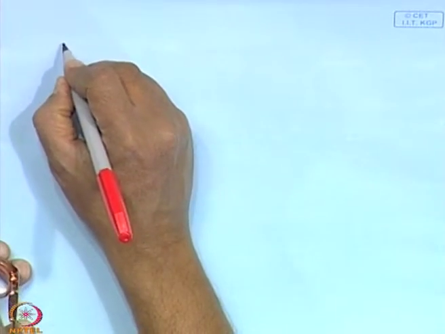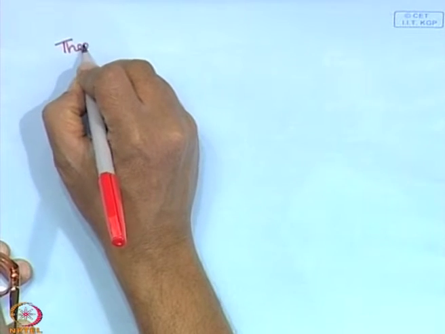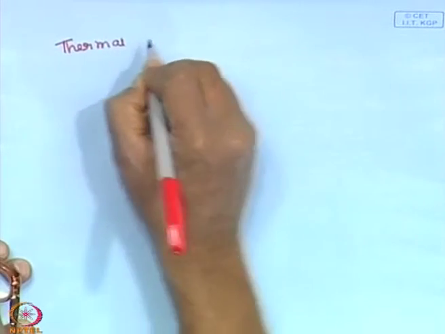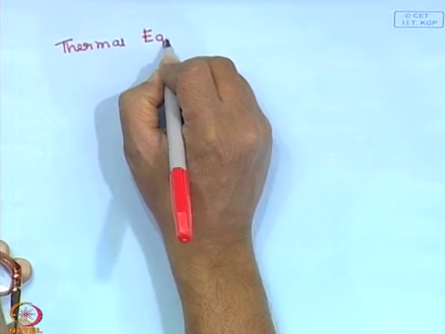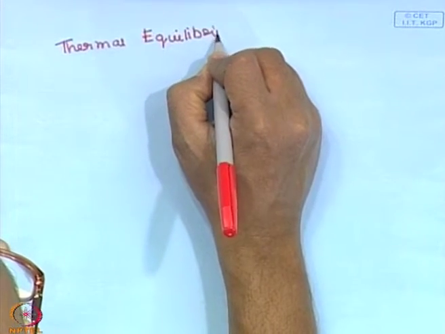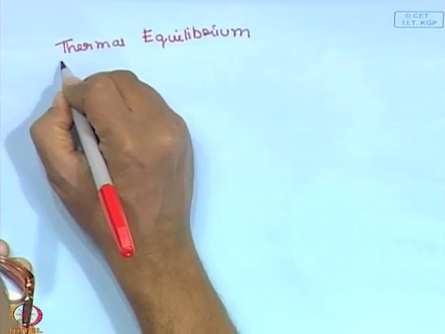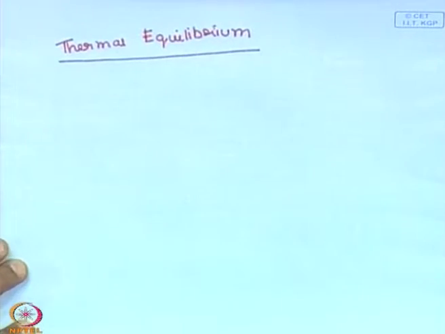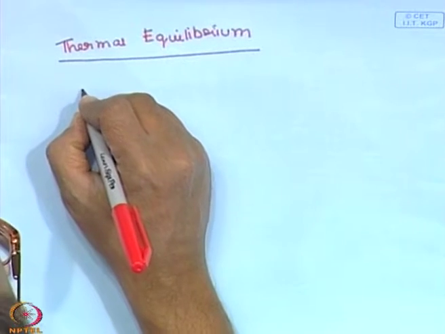So, the occupation number n. If the photons are in thermal equilibrium, which is what we are assuming, then the occupation number is given by the Bose statistics. If they are not in thermal equilibrium, the occupation number could be anything.